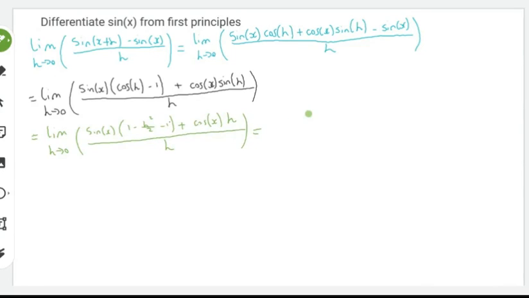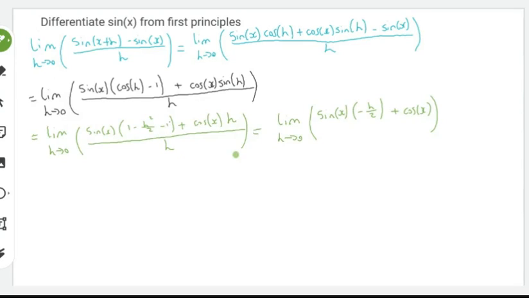And that becomes the limit as h tends to 0 of, so the 1 and the minus 1 will cancel. And if you have h squared over 2, dividing that by h will give you sine of x multiplied by minus h over 2, and then plus cos x.